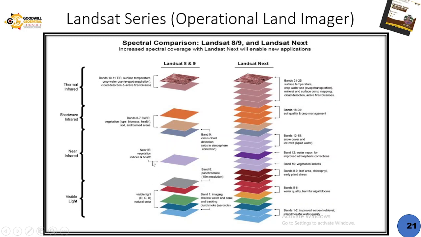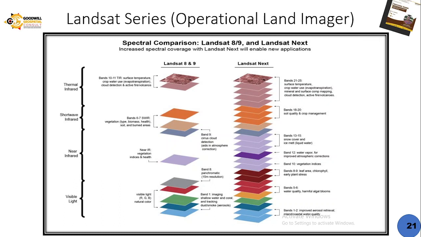Band 8 is the panchromatic band that has 15-meter resolution. Bands 2, 3, and 4 are the near infrared, and bands 5, 6 are within the shortwave infrared regime. Band 9 is for cirrus and cloud detection, and band 8 is for atmospheric correction.